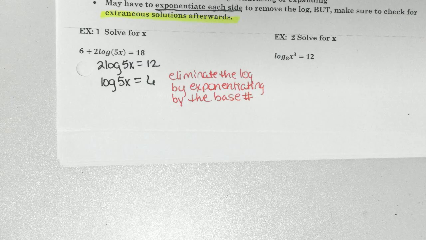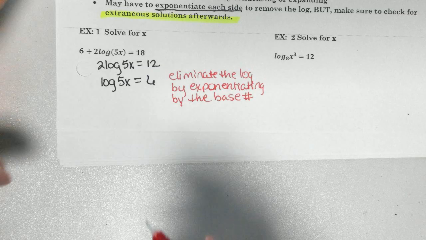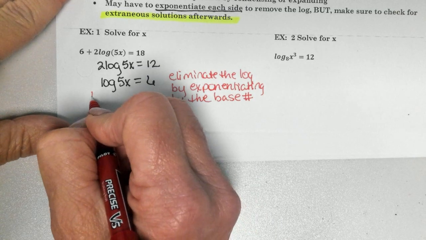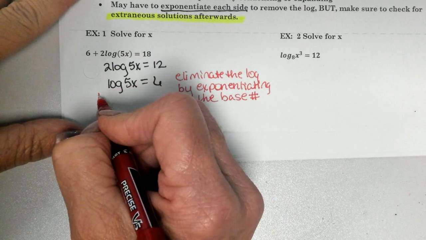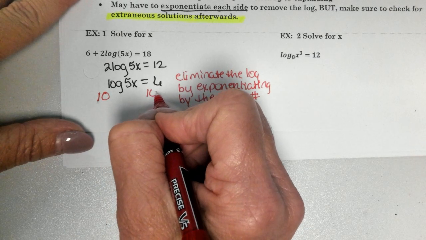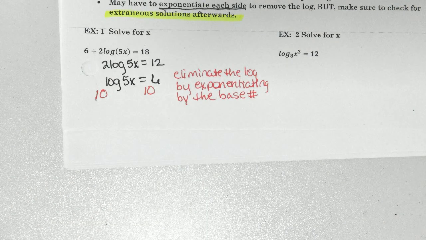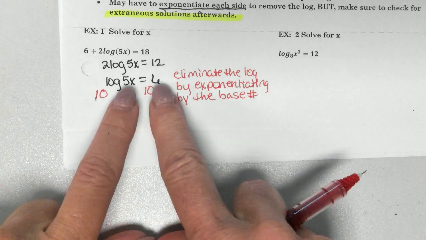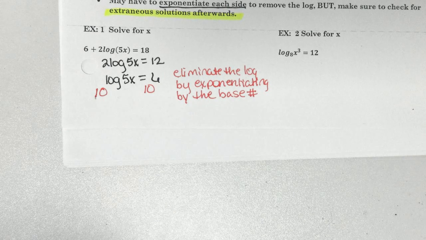So that means we're going to exponentiate with a base of 10. The log is going to be in the exponent. 10 is my base number, but it's also going to be my base number on the other side. So the 6 is going to become the exponent. So when I say exponentiate, what we have here becomes the exponent.